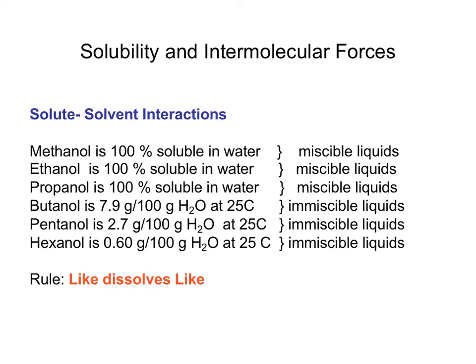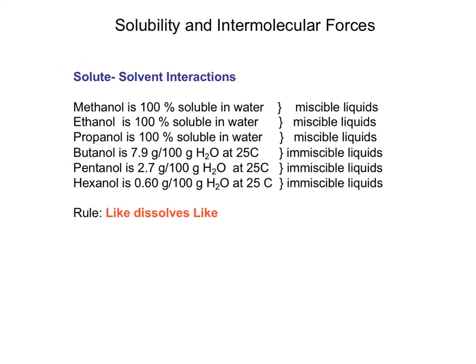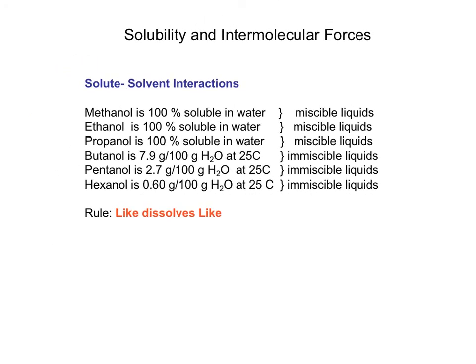So maybe I could draw a few of those so you could see that. Okay. So methanol, I don't have to draw the whole thing out, but you get a little bit of a sense of it. That's methanol.